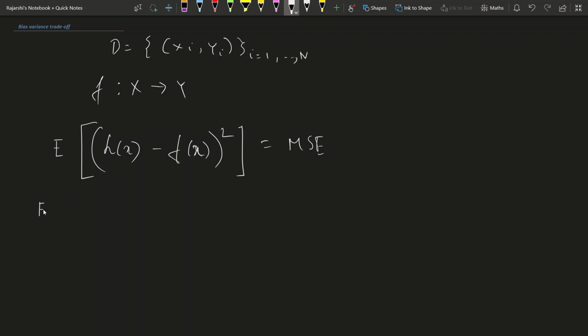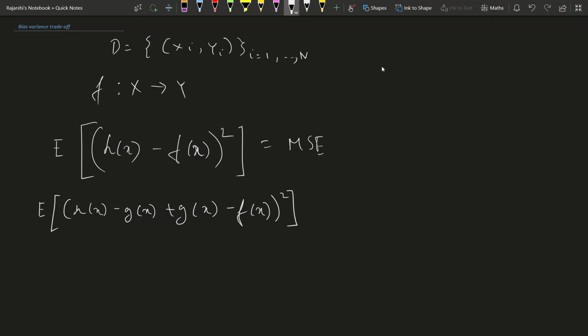Can I write this entire expression as h of x minus g of x plus g of x minus f of x? Because minus g of x plus g of x will cancel each other, and I have the intact previous expression.